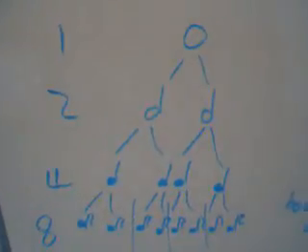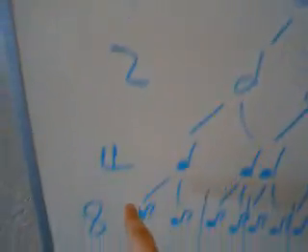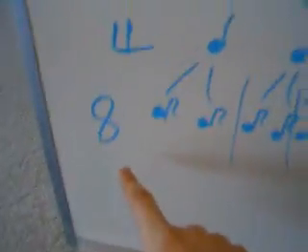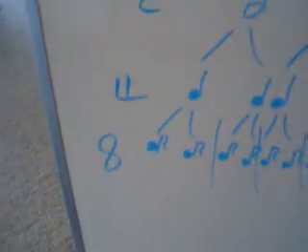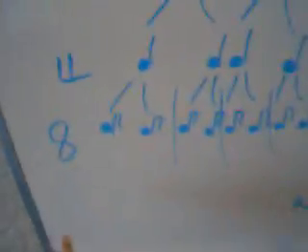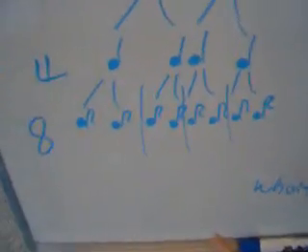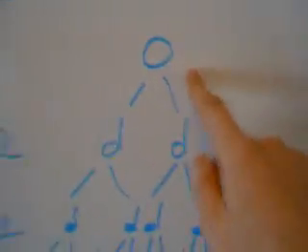I marked them because every time you go up, it gets twice as fast. So the next note is actually a 16th note, then a 32nd note, then 64th, and then 128th note. That would be 128 notes that I'm not going to draw under a whole note.